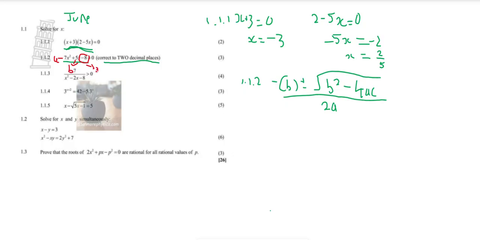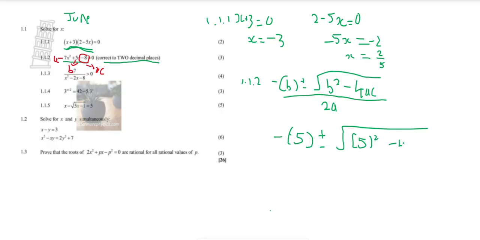Once you have identified that, make sure that you sub it into the equation, because that's where you're going to score your marks. If you do not do that, you are missing out on 1 mark, and that's very wrong, because you're robbing yourself of precious marks.